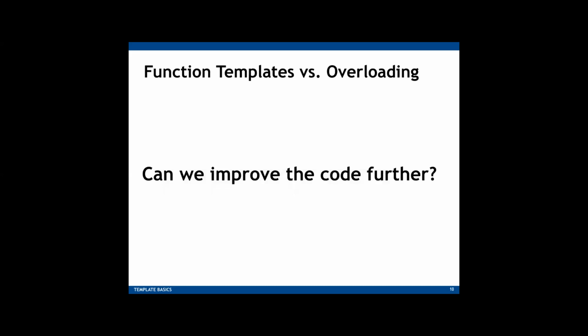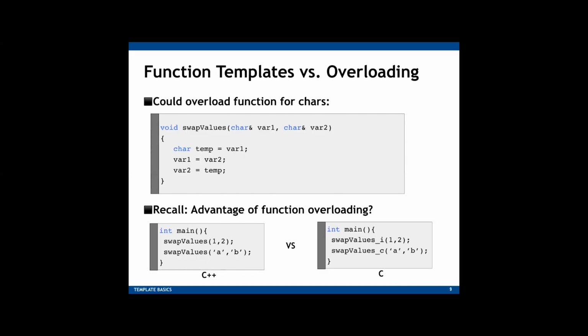But we want to improve more. Can we improve the code further? What can we improve? Think about it. We made the swap values function better than before by overloading these functions. So now we can use the swap values function for int and character types.